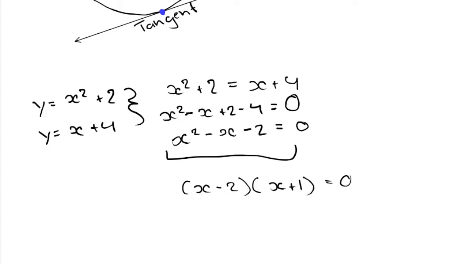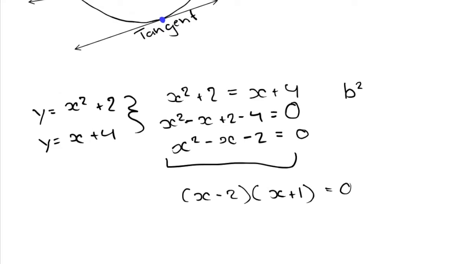But before we find the solutions after factoring, if you don't want to factor first, you can find the number of solutions using the discriminant. The discriminant is b squared minus 4ac, and depending on whether your answer is positive, negative, or 0, it tells you how many solutions there are. Here b is -1, so -1 squared is 1, minus 4, a is 1, and c is -2.